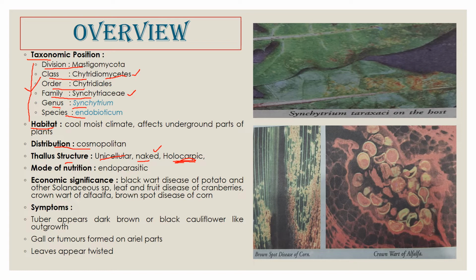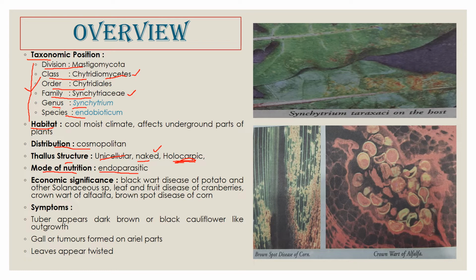Both phases do not occur together. So this is about the thallus structure, which is very simple, and the mode of nutrition is parasitic, and also endoparasitic, which means that it grows inside the tissue of the plant.